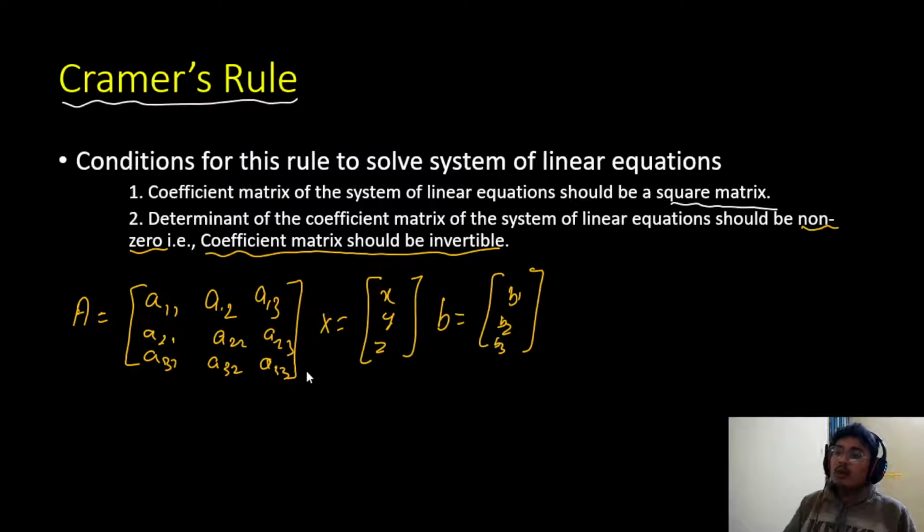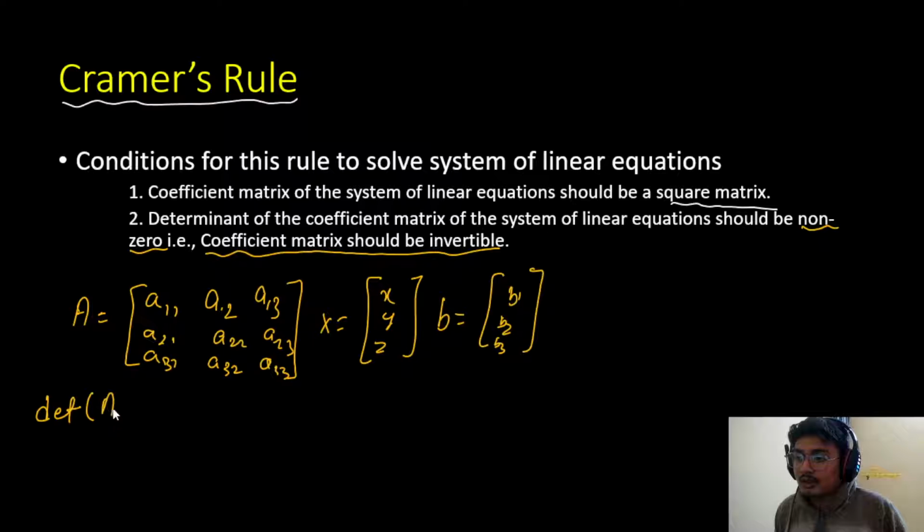So in Cramer's rule, we will first find the determinant of A. After finding the determinant of A, we will make a new matrix, let's say AX.